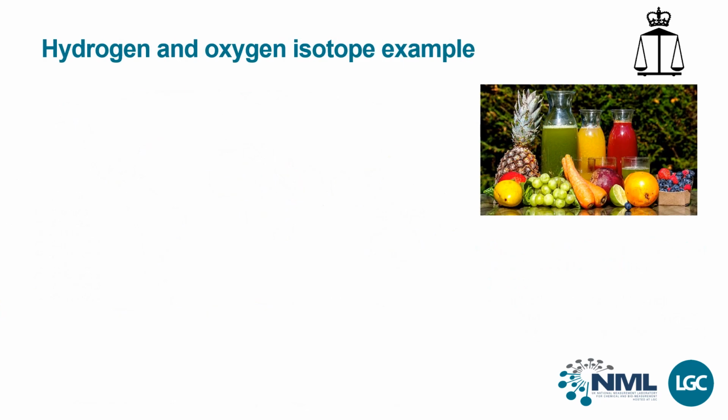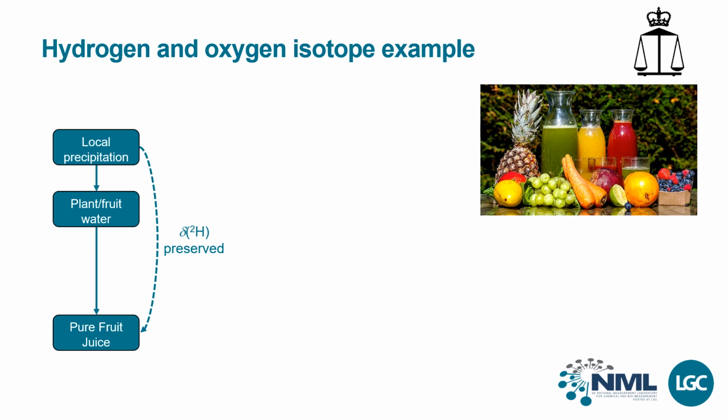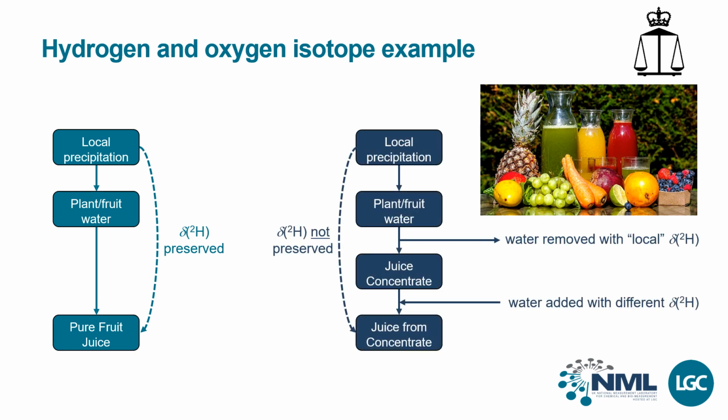An example is the analysis of water within fruit juices. If the juice is natural, then the hydrogen isotope delta of the precipitation where the fruit is grown will be reflected in the hydrogen isotope delta of water extracted from that fruit juice.